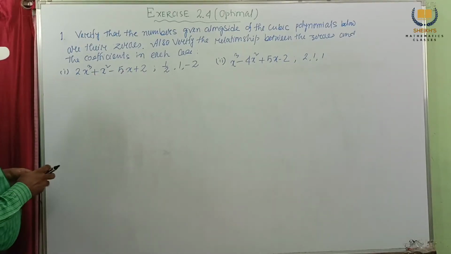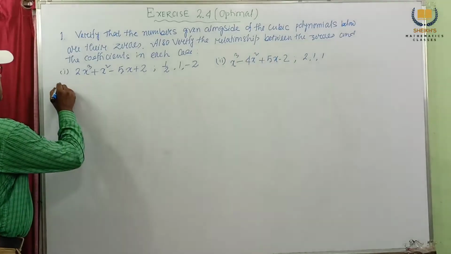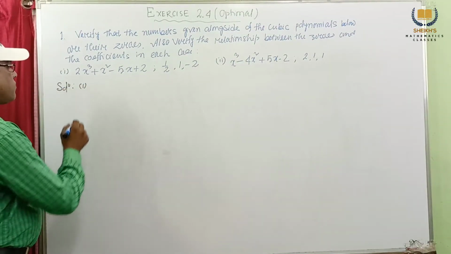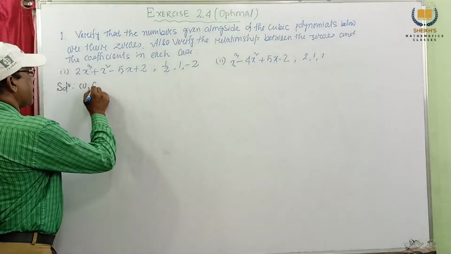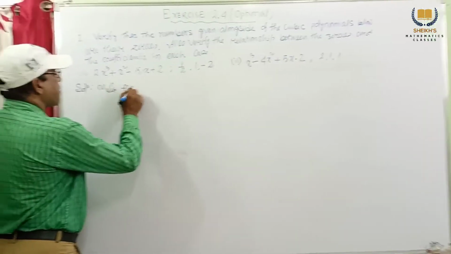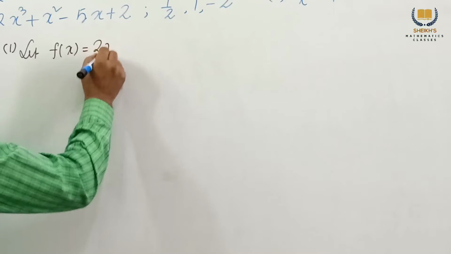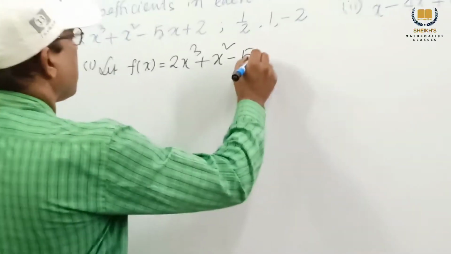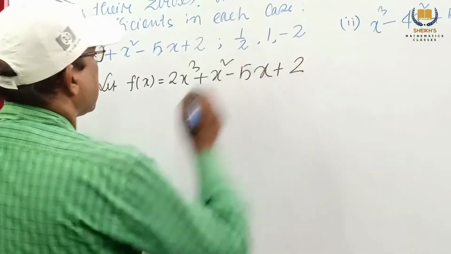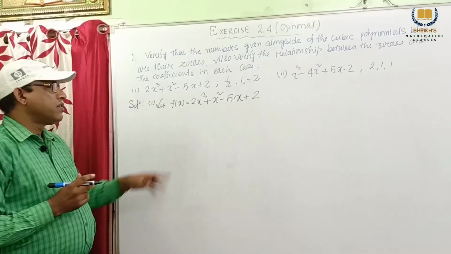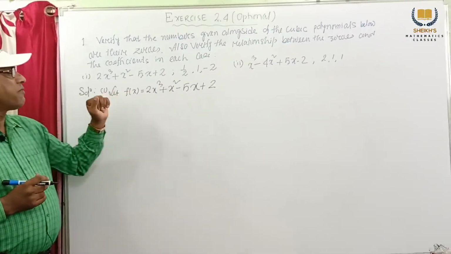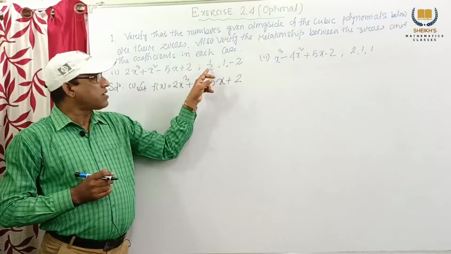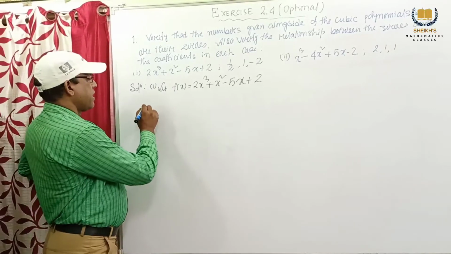So solution starts. Number one. Let f(x) equal to 2x cube plus x square minus 5x plus 2. We consider this. Now we verify whether these are the zeros of the polynomial or not. First we put 1 by 2.